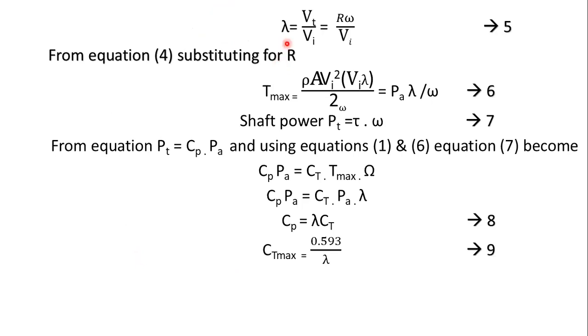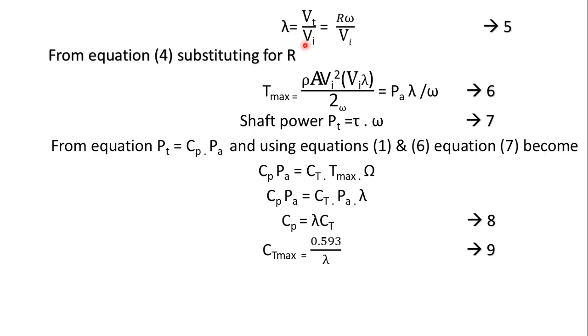This lambda is called the speed ratio. It is defined as the ratio of the outer blade tip speed Vt to the unperturbed wind speed Vi.